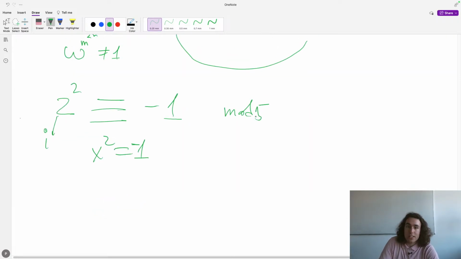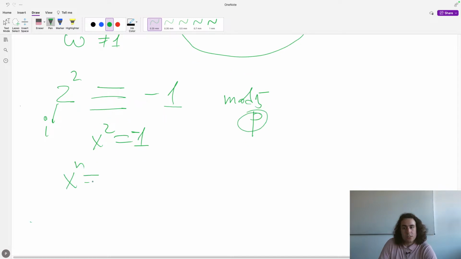And actually it turns out that if you have a prime number p, then equations of the form x to the n is equal to 1 mod p are solvable sometimes, at least, depending on n. Not necessarily for large n or whatever, but for specific n, yes.